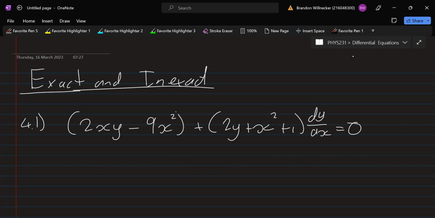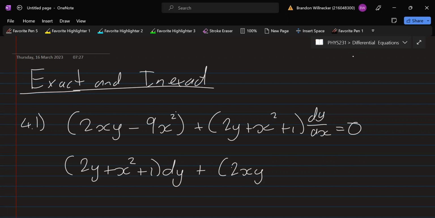Okay, so that's not the standard form that we want. So let's multiply through by dx. So we're going to end up with 2y plus x squared plus 1 dy plus 2xy minus 9x squared dx is equal to 0.